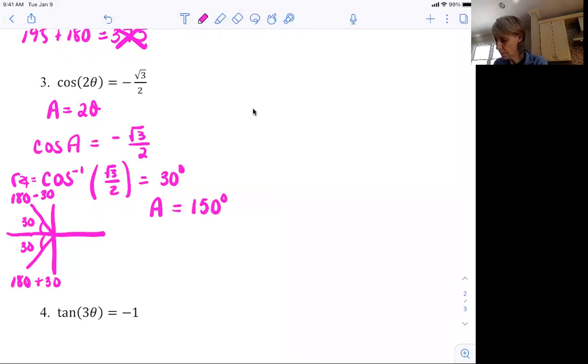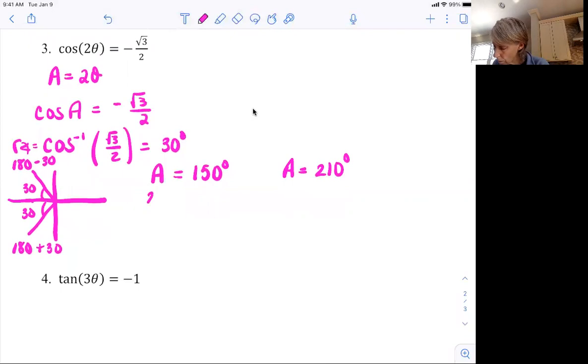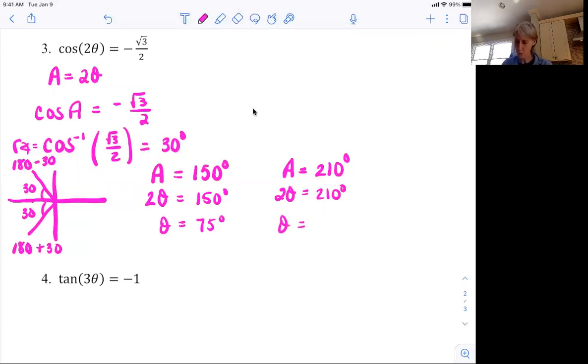A is 150 degrees, or A is 210 degrees. But you have to, once again, remember, we're not solving for A. A is really 2 theta. So if 2 theta equals 150, then theta equals 75. If 2 theta equals 210, then theta equals 105.